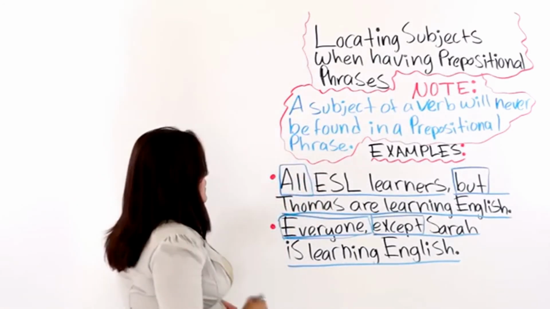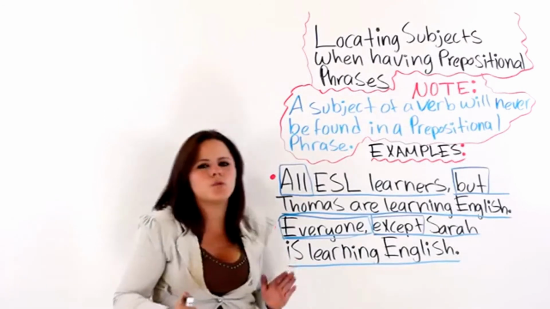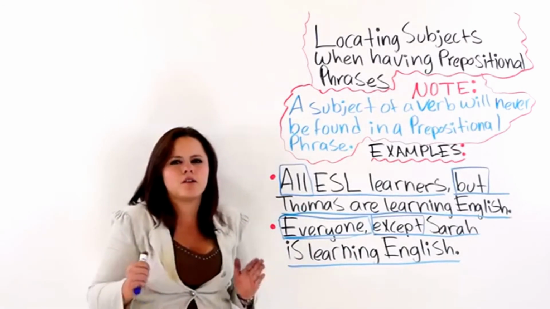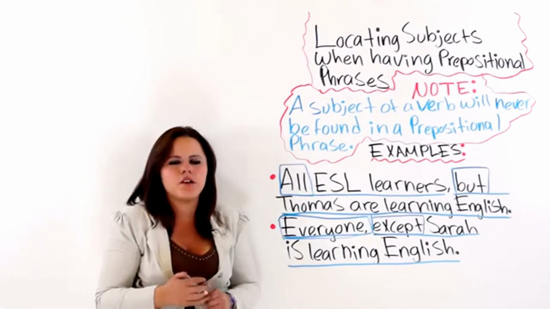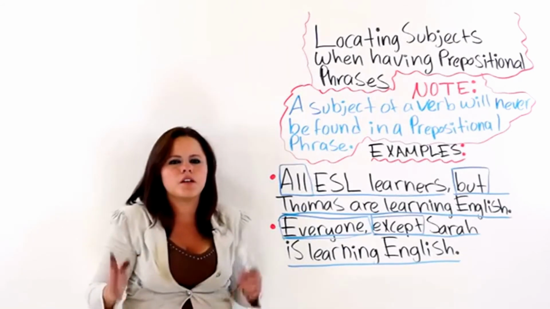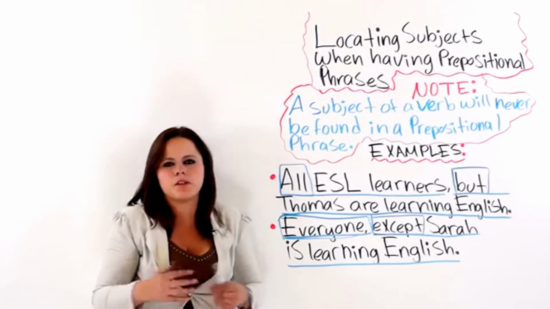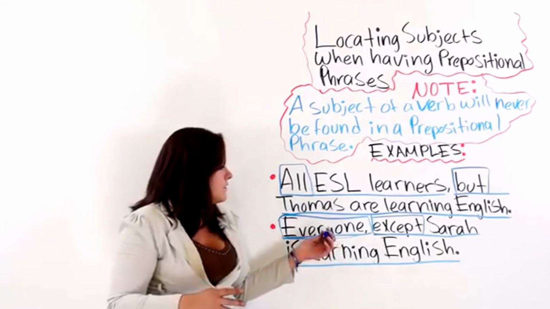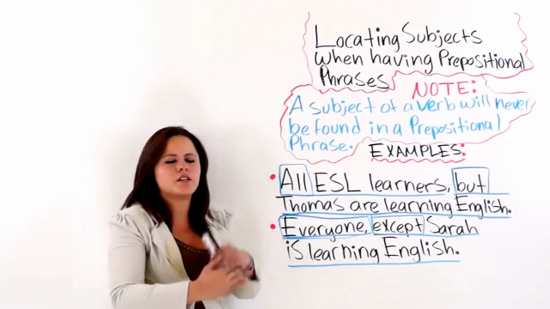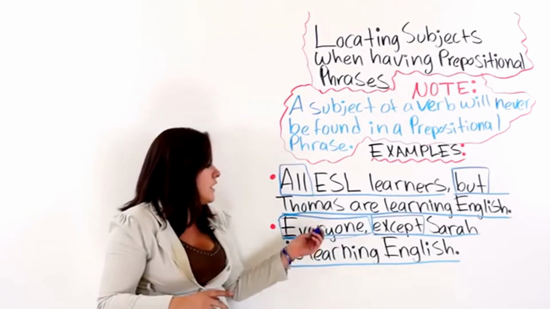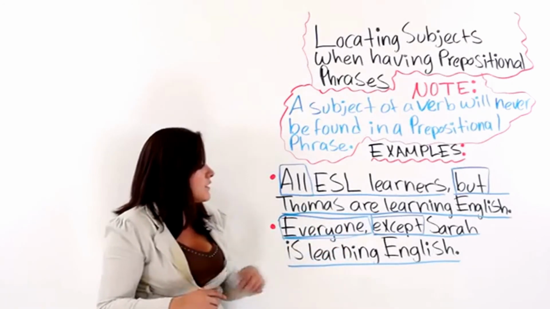Okay? Alright, so this is the way you locate a subject when you have a prepositional phrase. You must ignore the prepositional phrase momentarily and focus on what precedes the preposition. Everyone except Sarah is learning English.